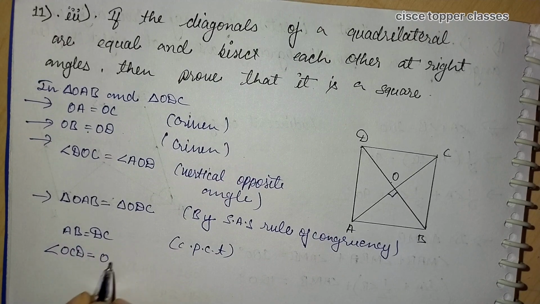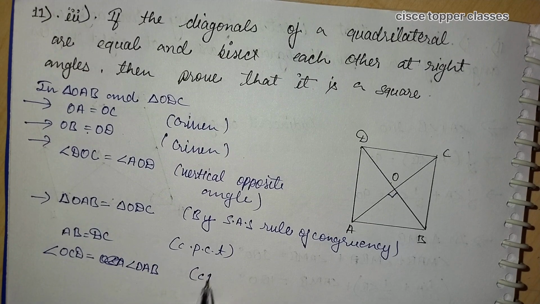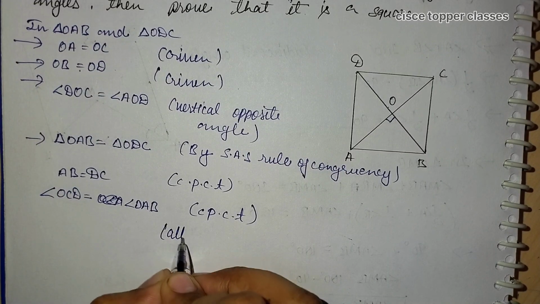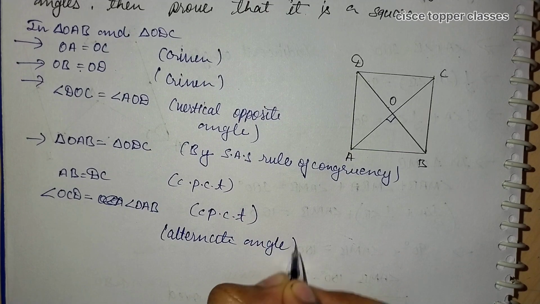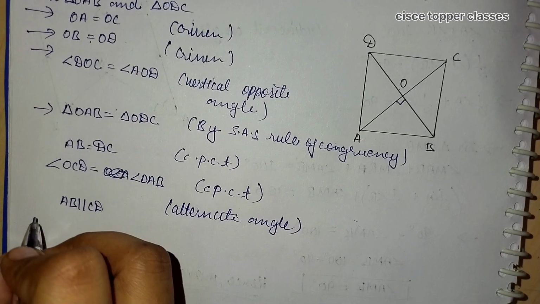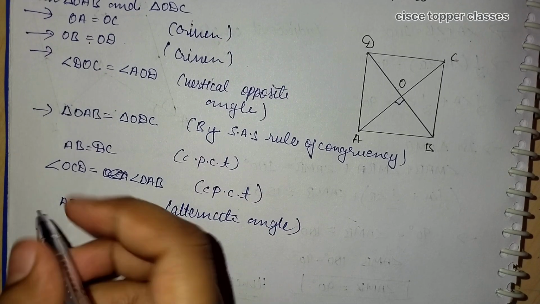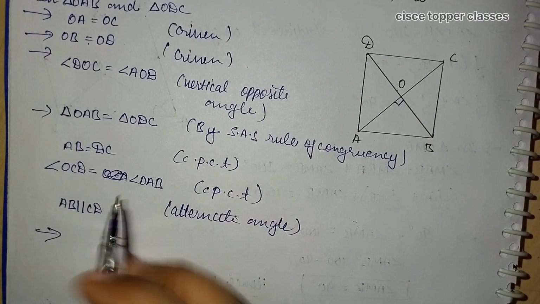As these are alternate angles also, we can conclude that side AB is parallel to side CD. And now as this is parallel, we can say that it is a parallelogram, in which diagonals are equal and bisect each other.